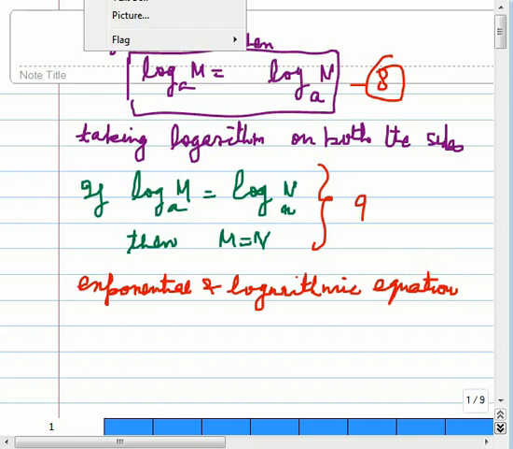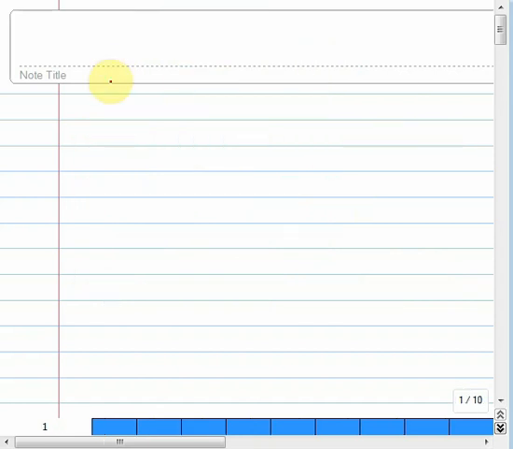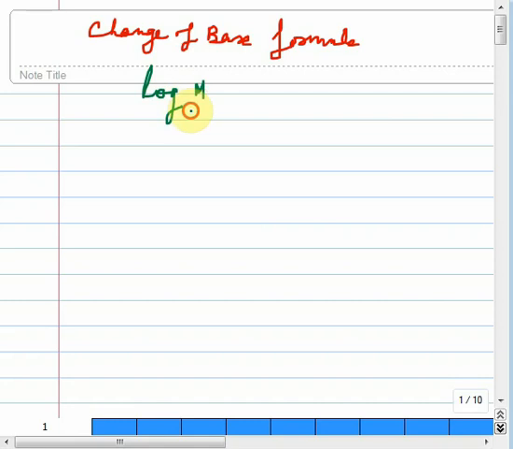One more property is left, that is called change of base formula. I write just the formula and will give you the proof also. The formula is log m to the base a is equal to log m to the base b whole divided by log a to the base b.